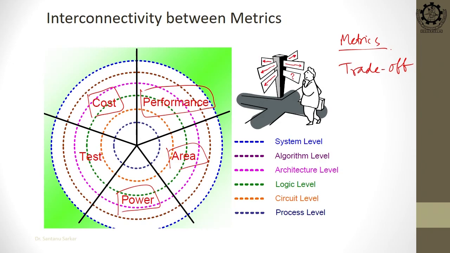So, you need to find what you want or what the designer wants or what the end application is, and accordingly you have to select your architecture. Okay. So, you should select your architecture for your target, and that could vary widely.